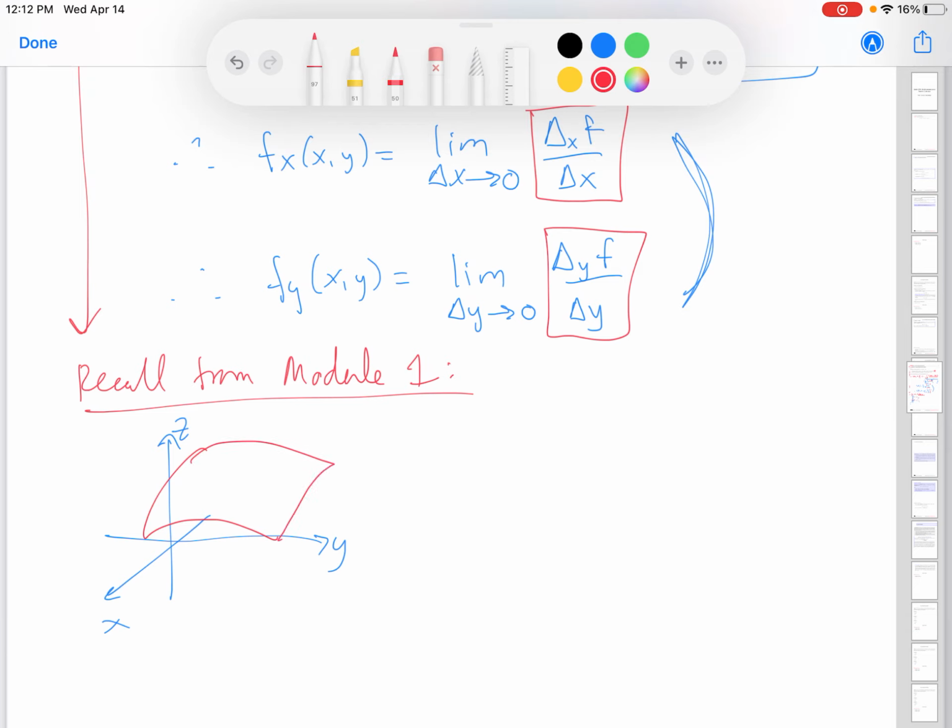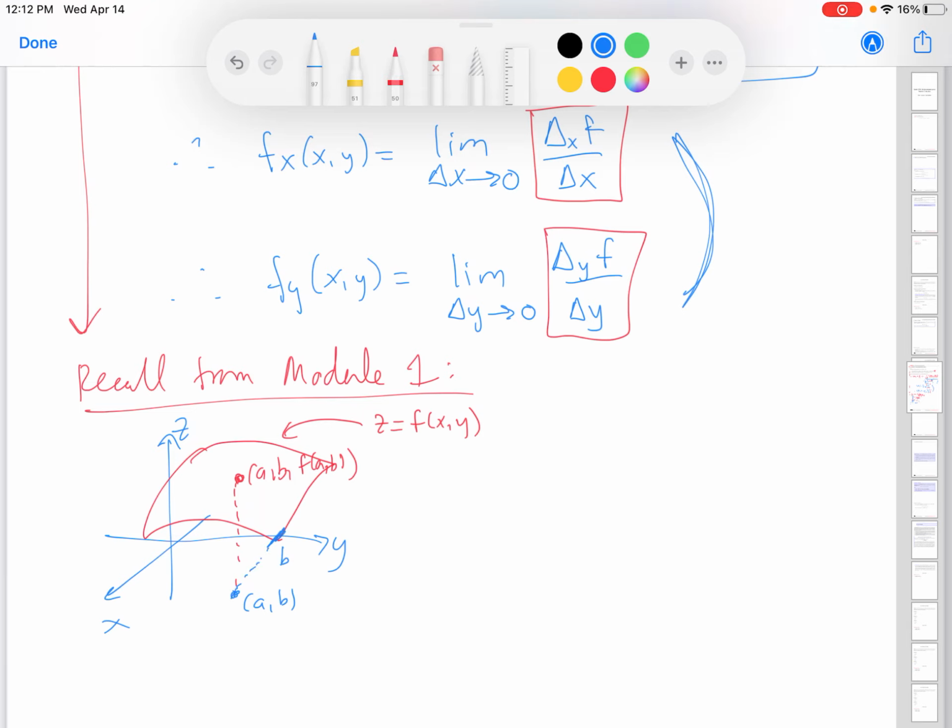And then we had this point (a, b) in the xy plane, and that point had a value associated with it, f of (a, b), thinking again of this surface as the graph of z equals f of x, y. And remember we said this point (a, b) has y coordinate b, so that's over here on the y-axis.